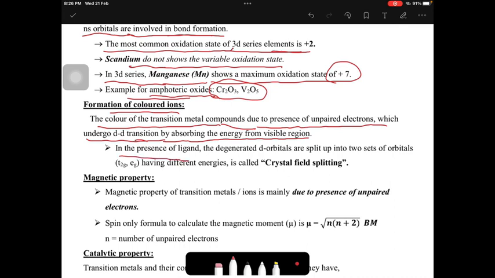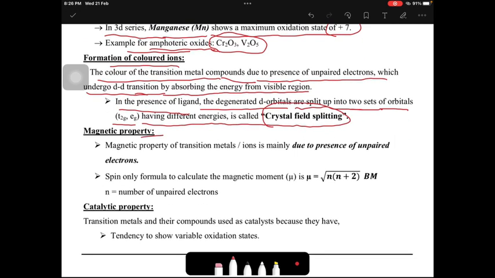In the presence of ligands, the degenerate d orbitals are split into two sets of orbitals, t2g and eg, having different energies, which is called crystal field splitting. Magnetic property. Magnetic property of transition metal ions is mainly due to the presence of unpaired electrons.